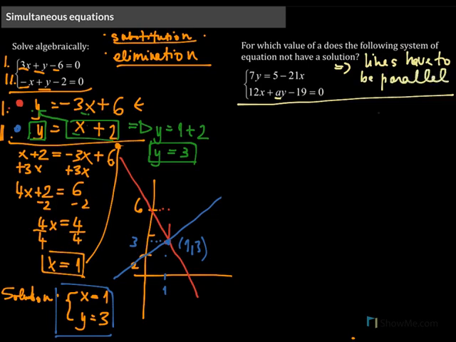Again, it's a very complex question. We need to combine what we know about parallel lines, that they have the same slope. So we need to find what a must be so that these two lines have the same slope.